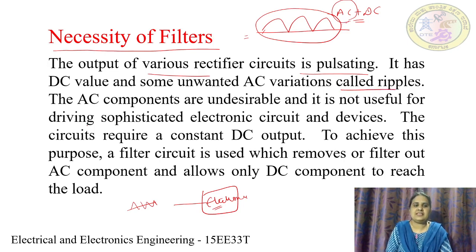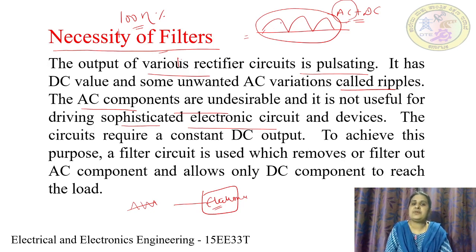Therefore the AC components are not desirable and cannot be used for constant electronic circuit devices. And if at all we use it, we are not getting 100% efficiency for that particular device, because the type of input we have given is not DC. It needs a constant DC input irrespective of time; fluctuations should not come.